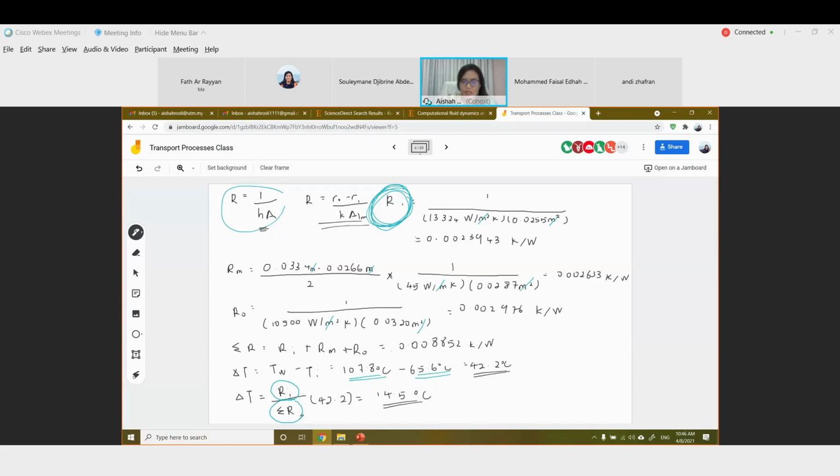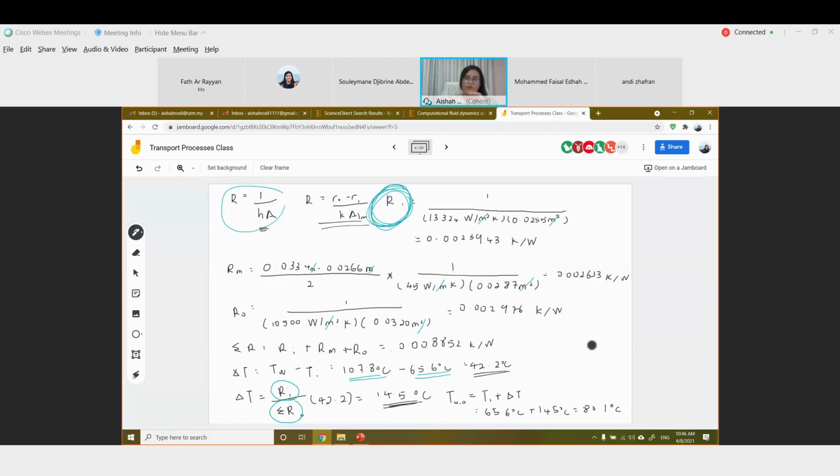If we understand this, we can get the temperature of water coming out. It is the temperature of water coming in plus the delta T that we just calculated, 14.5. The inlet temperature just now was 65.6 degrees Celsius, plus 14.5 degrees Celsius, so you will get 80.1 degrees Celsius.